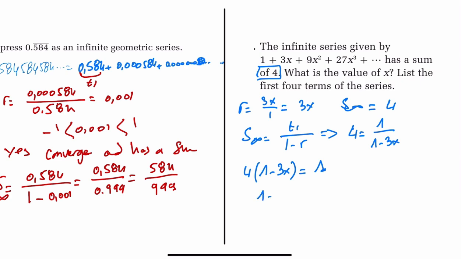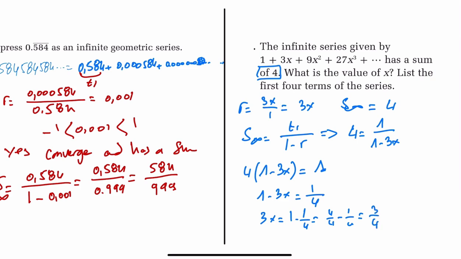1 minus 3x is equal to 1 over 4. So 3x is equal to 1 minus 1 over 4, which is 4 over 4 minus 1 over 4, which is 3 over 4.